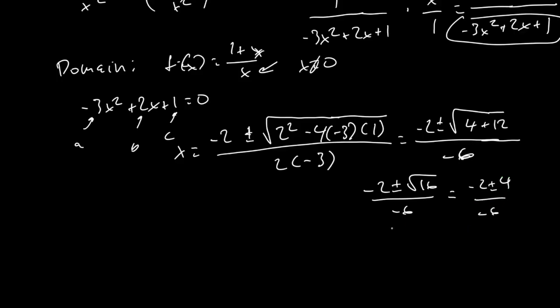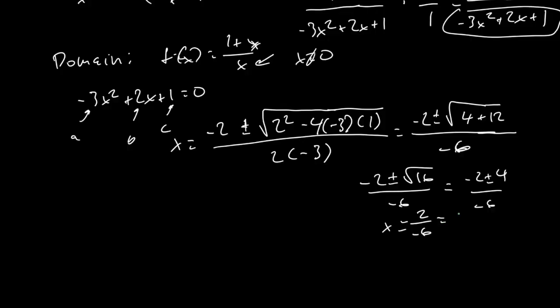So x equals 2 over negative 6, which equals negative 1/3, and x equals negative 6 over negative 6, which equals 1.